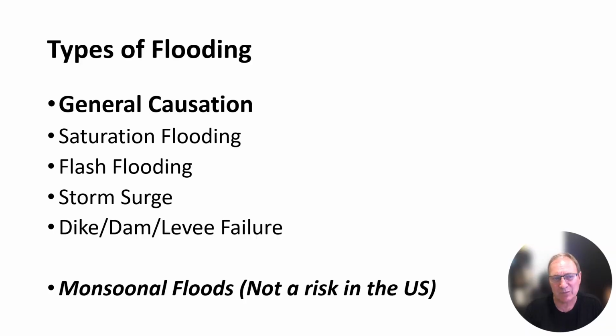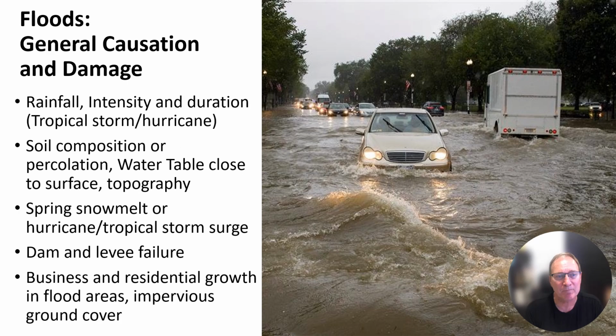So types of flooding: saturated flooding, flash flooding, storm surge, and levee failure. There's a book that I use that also talks about monsoonal floods. That's not a threat that we face here in the United States. I included it just for the list, but not because I'm going to go into any type of detail about it.